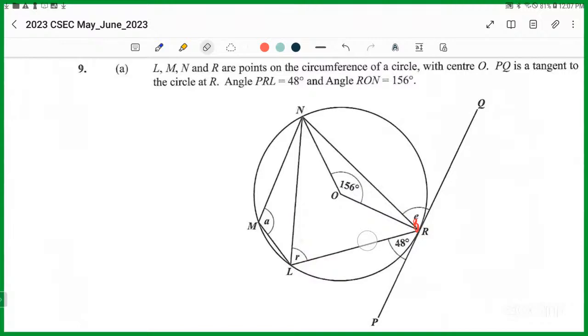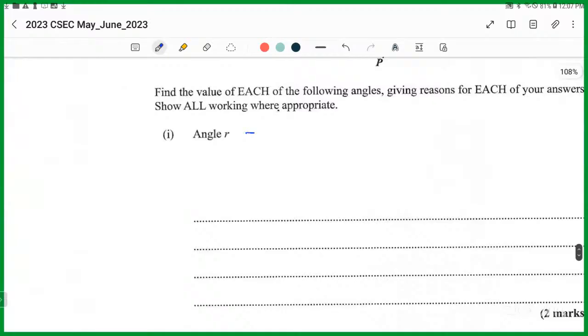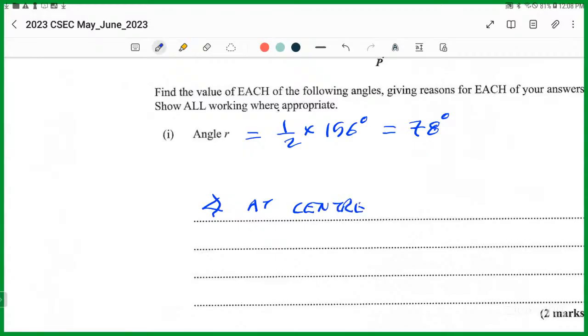Angle R is equal to half of 156 degrees, or 156 over 2. That is 75 plus 3, that's 78 degrees. Reason: angle at center is twice angle at circumference.